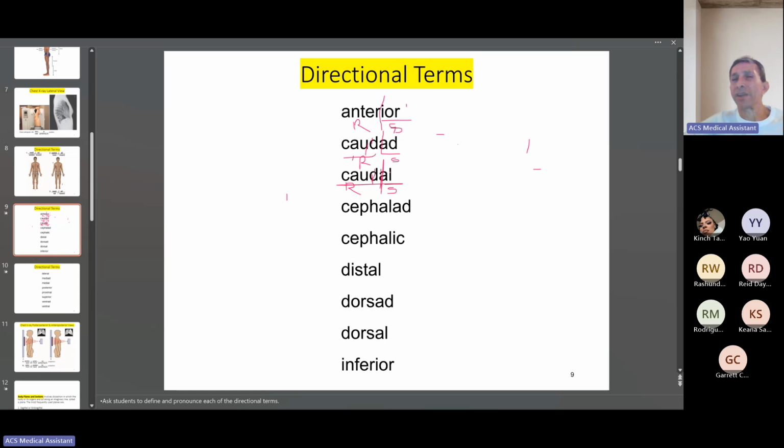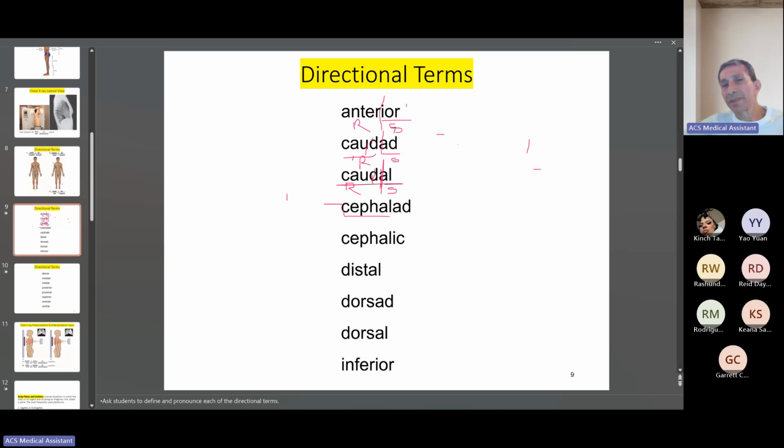Do we have a prefix here? No, we don't. So we only have two parts, because a medical term can be made of two parts, word root and suffix. That's it. From then on we can have more parts, but a simple medical term can have only two parts. It can go up to five, remember.